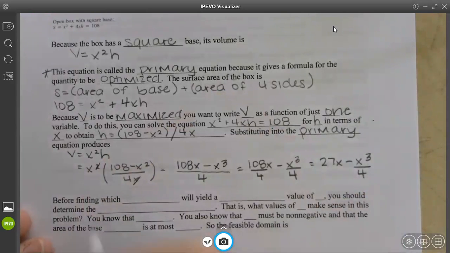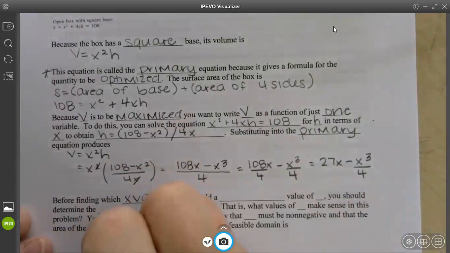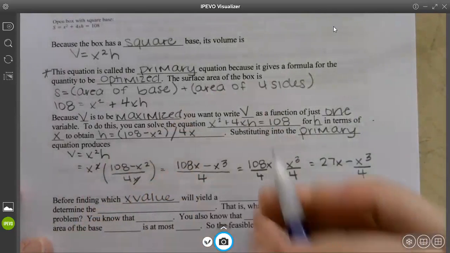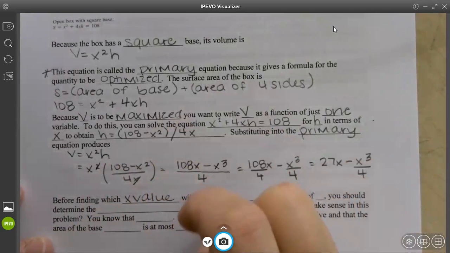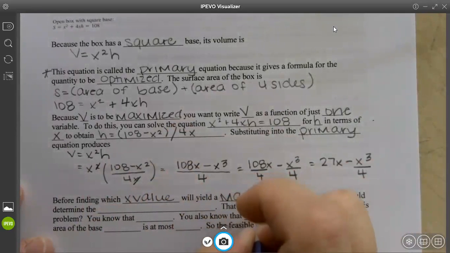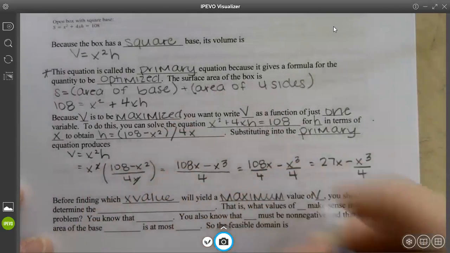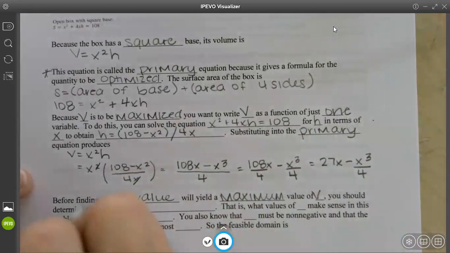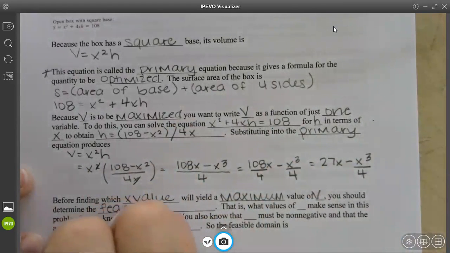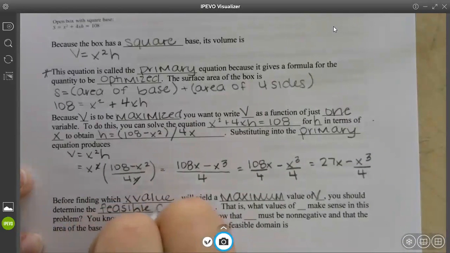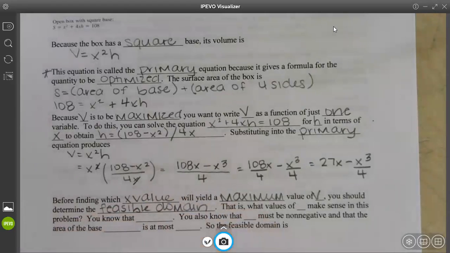Before finding which x value will yield a maximum value of v, you should determine the feasible domain. Feasible just means what works in the problem.